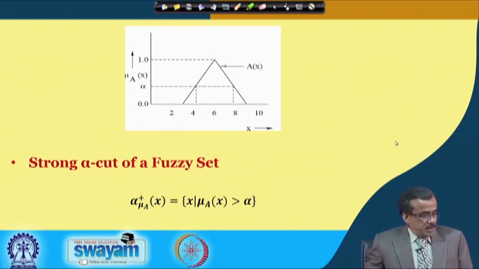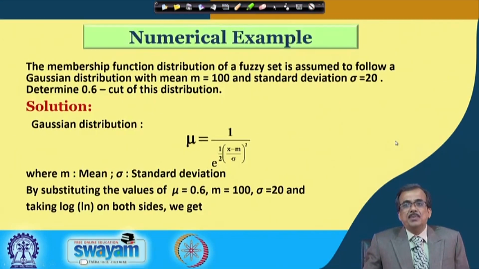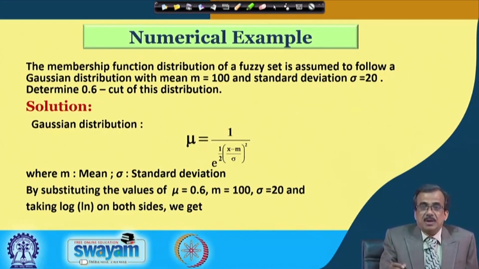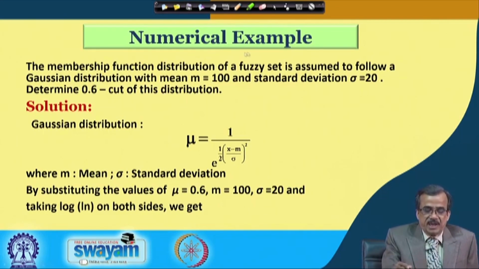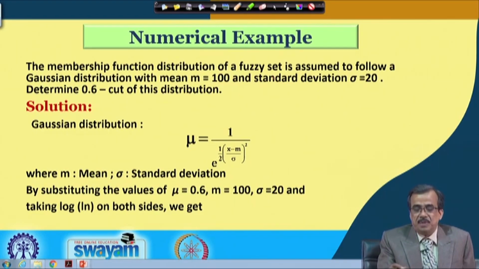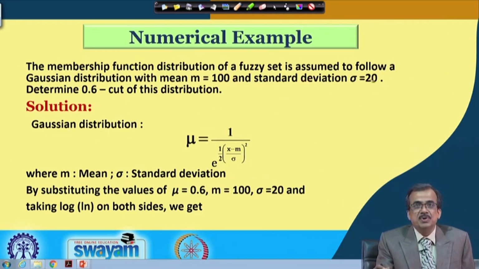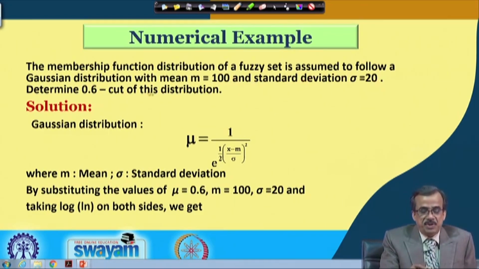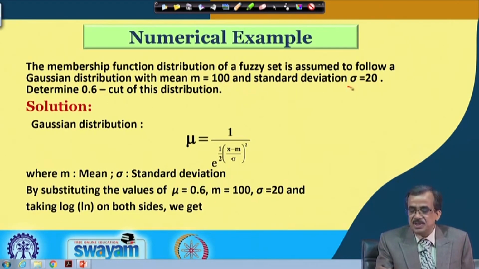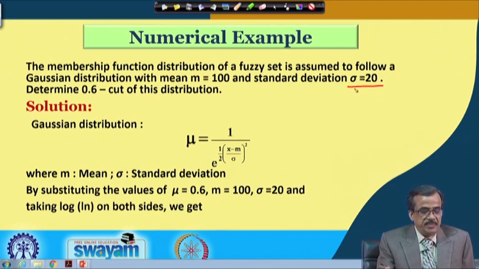Now, we are going to solve one numerical example just to make it more clear. The statement of the numerical example is as follows. The membership function distribution of a fuzzy set is assumed to follow a Gaussian distribution with mean m equals 100 and standard deviation sigma equals 20.